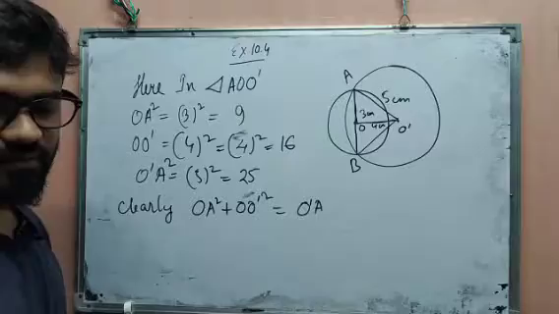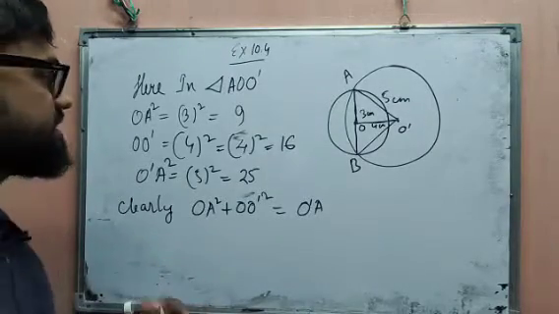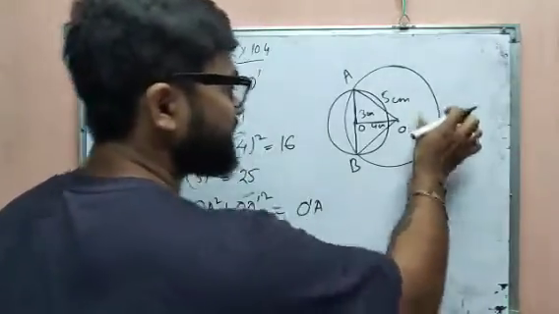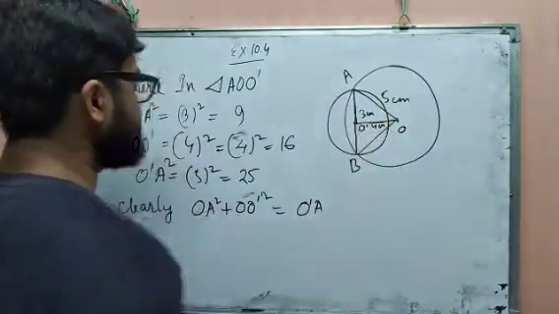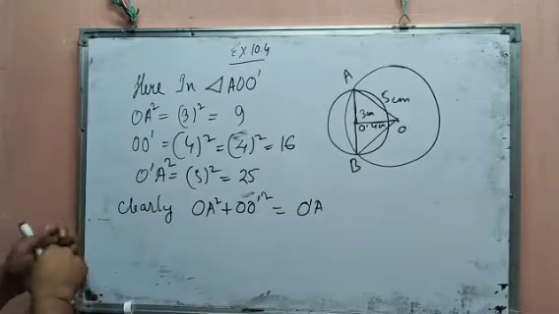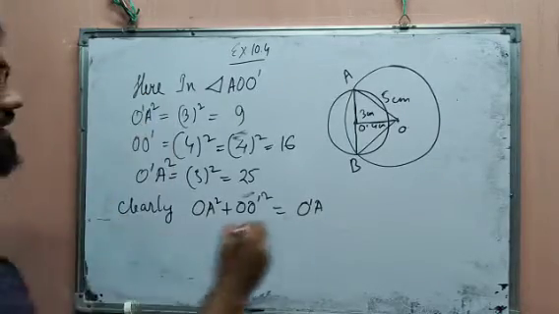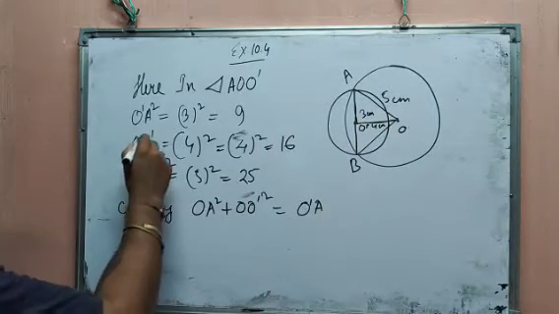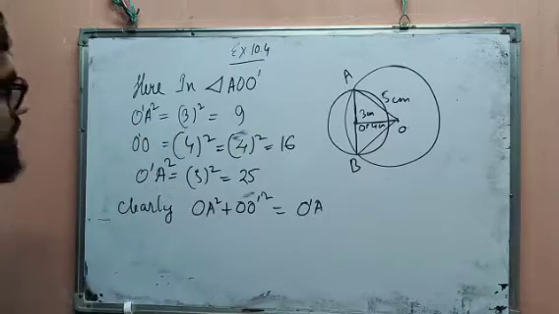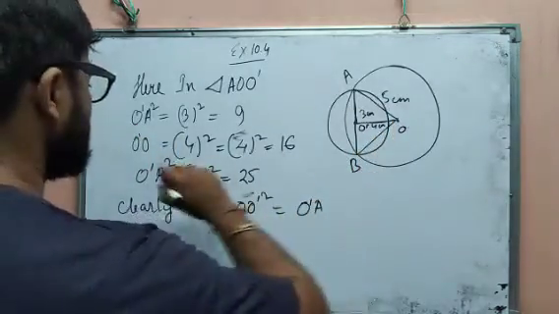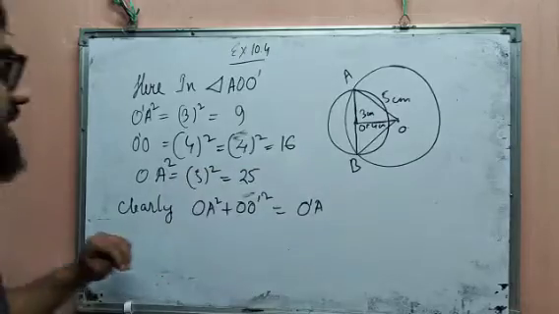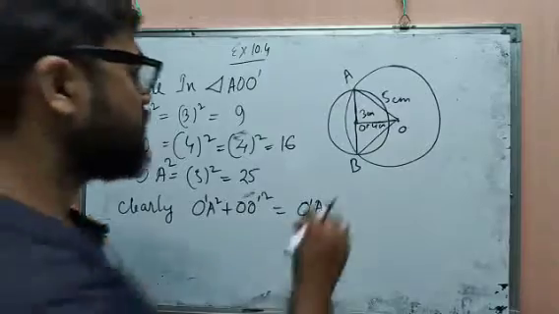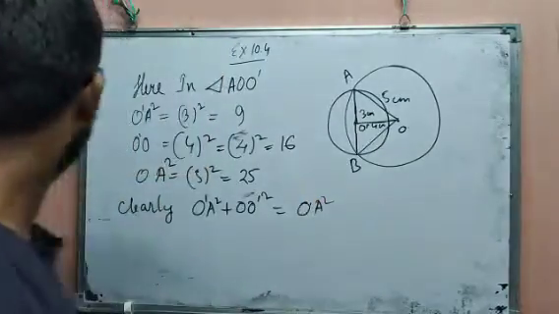Or for better understanding, you can make this point O dash, so this is O dash A, this is O dash O, and this is OA.